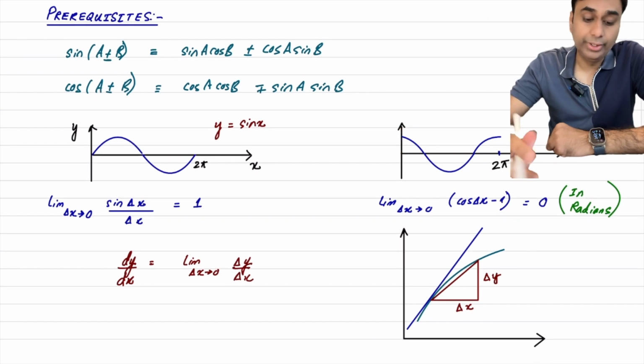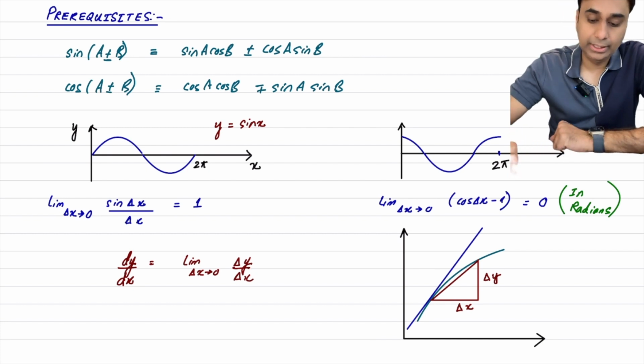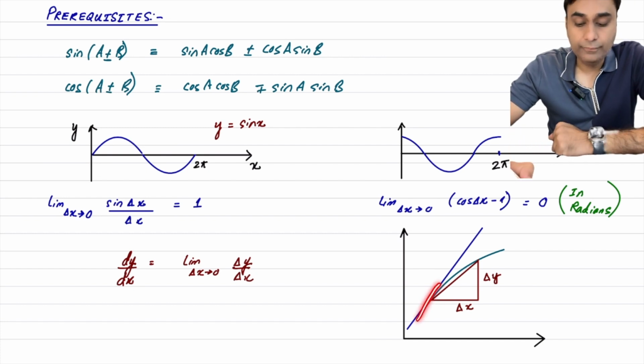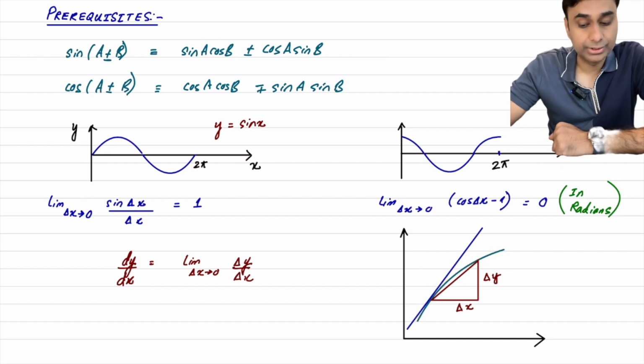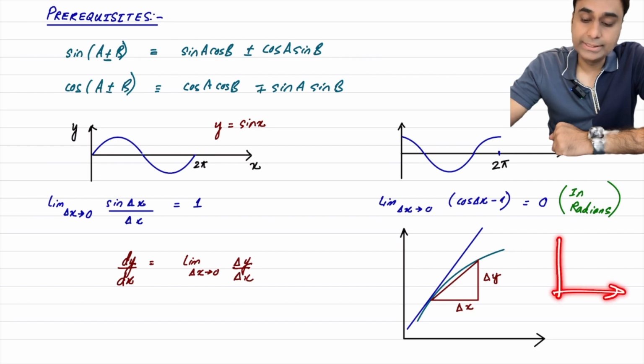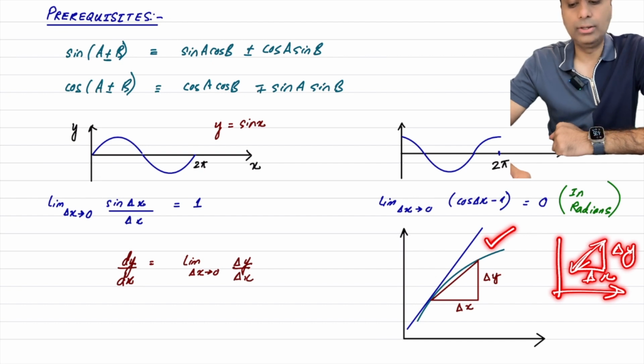Lastly, you have to recall what the gradient function is. Basically, if you have a graph and you want to find out its rate of change, then the gradient represents the rate of change. If you have a straight line segment, the gradient would simply be delta y divided by delta x. But if it's a nonlinear function represented by a curve, then its gradient is not constant.